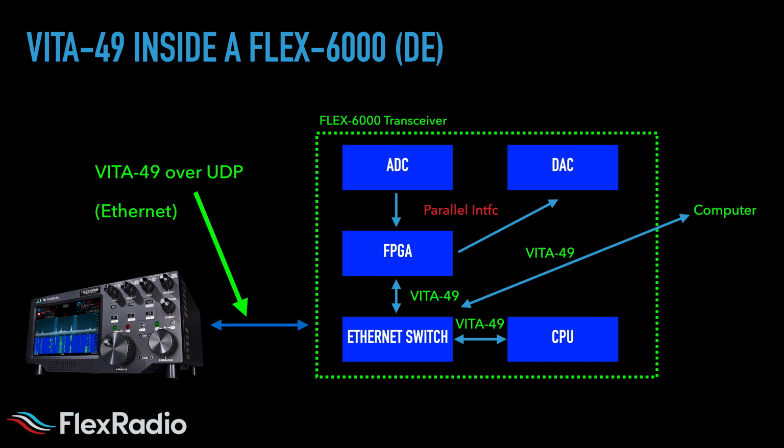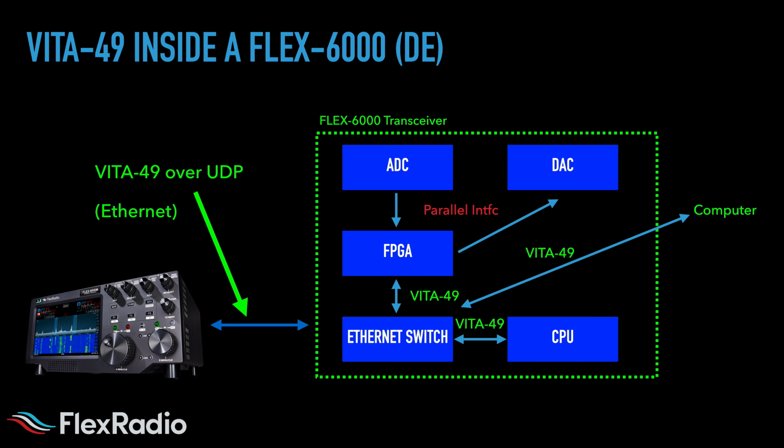And this gives us a lot of flexibility, because today we take that data from the FPGA for our receiver, but that data could also come from a remote radio and be used inside our radio to combine receivers or do all kinds of things like that, because we're using VITA-49 as a common transport across everything that we do.